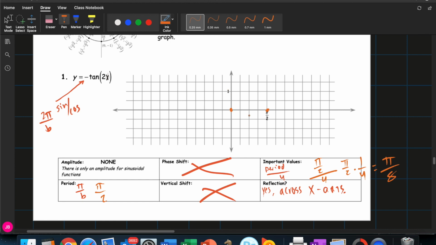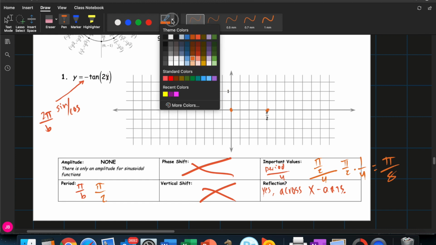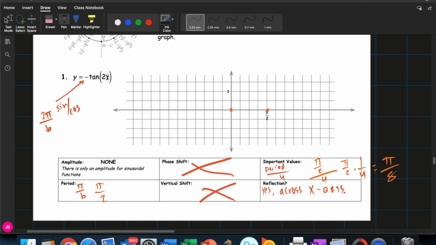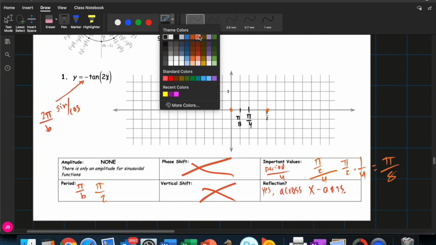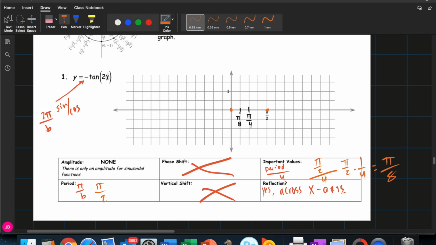Now, this would be pi over 4, and this would be pi over 8. So what's the pattern for tangent? In other words, I want to know what comes next. What do you guys think comes at pi over 8?